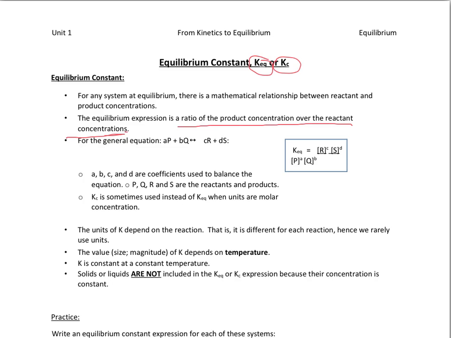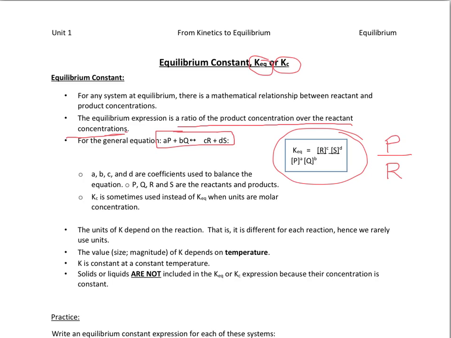For the general equation aP plus bQ in equilibrium with cR plus dS, a, b, c, and d are the coefficients that are used to balance the equation. P, Q, R, and S are the reactants and the products. Therefore, the equilibrium expression can be represented as the concentrations of the products divided by the concentration of the reactants raised to the power of their coefficients.